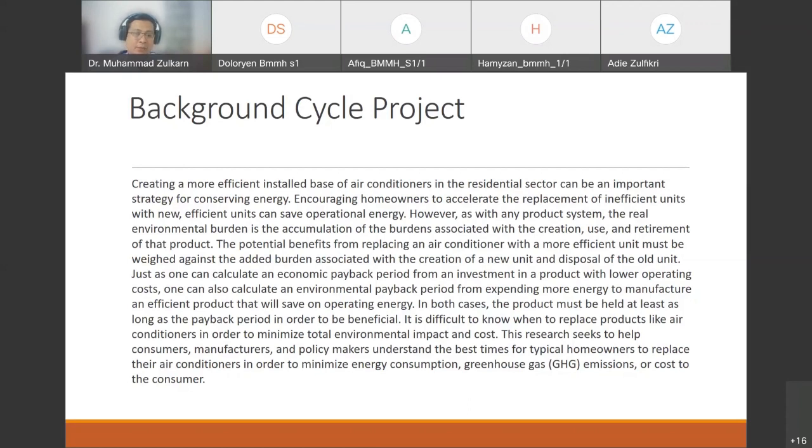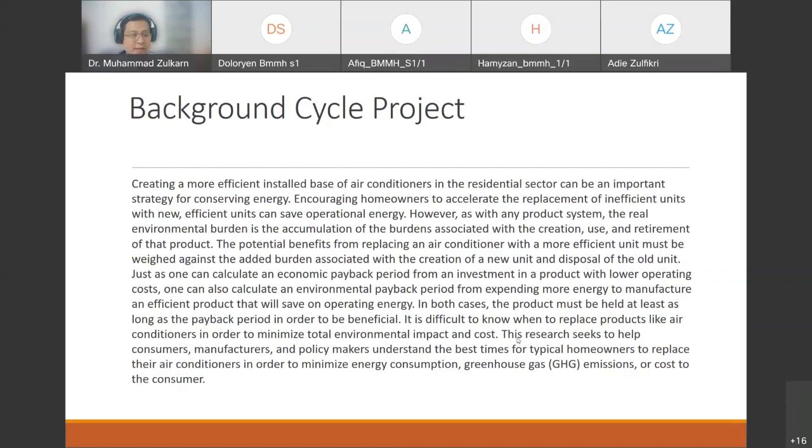So when we relate to green technology, it should minimize total environmental impact and also cost, because when we consume much energy, we also cannot consider it green technology, because we burn much energy from the power plant, maybe from fossil oil. So that's why the product should come with a friendly environment.